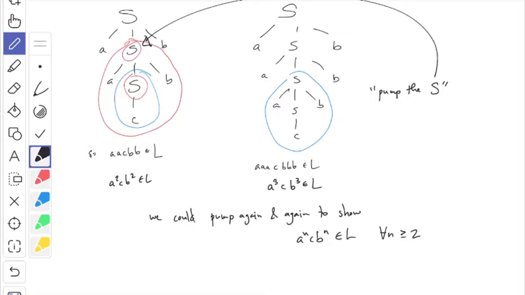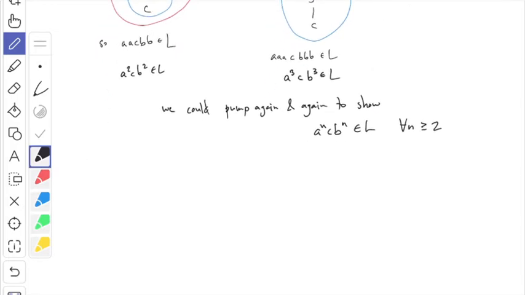Only, one thing that is required is you actually need one of the non-terminals to appear below itself in the parse tree. If you had something like just S goes to X Y, and then X goes to A, Y goes to B, you can't do any pumping here, because pumping requires replacing the lower occurrence of the same thing by one of the upper occurrences of the same thing.